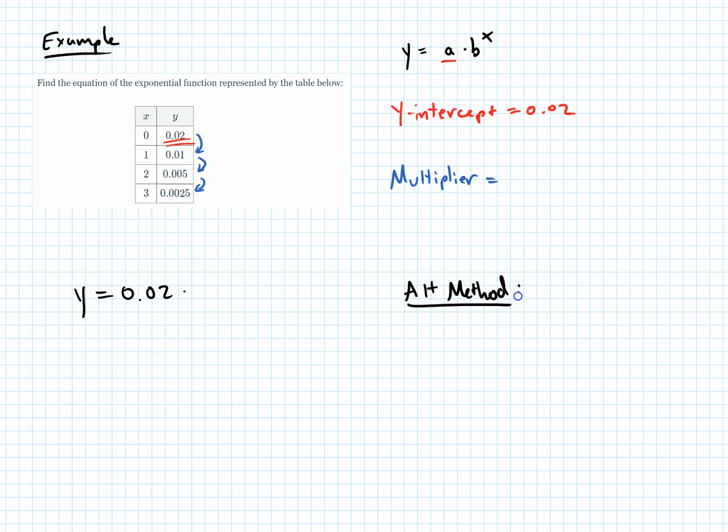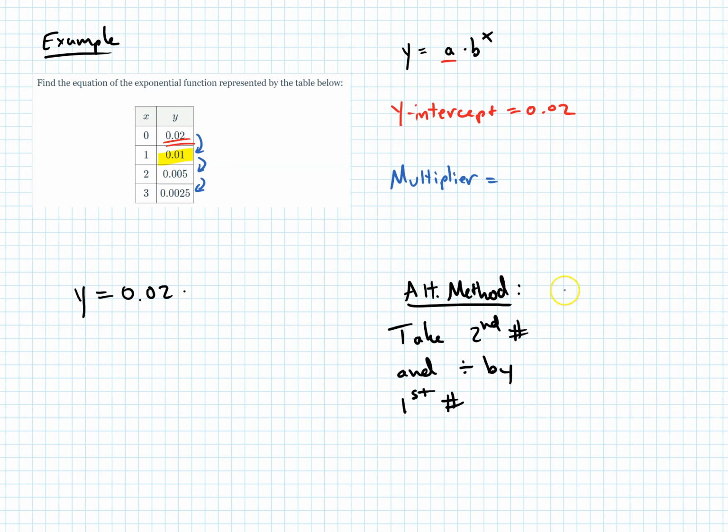This is when the alternate method really comes in handy. So a reminder there is you take the first number, you take the second number, and you divide by the first number. So the second number in the table is 0.01, that's our y value.